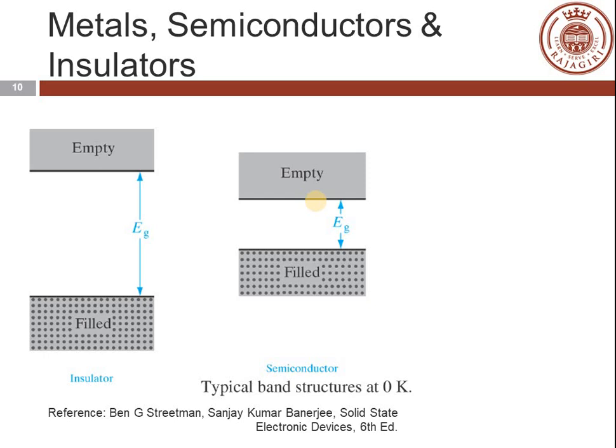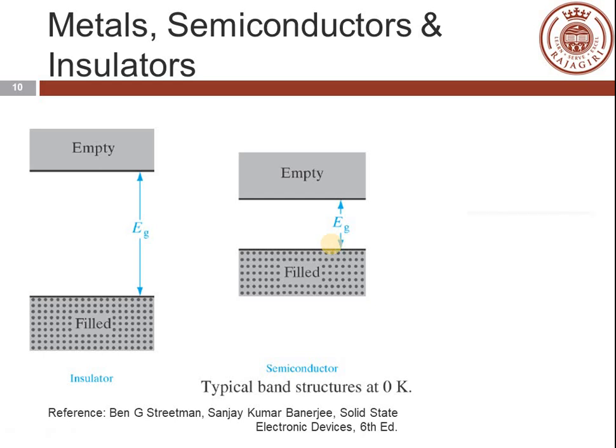So the difference is that for an insulator, you need very high energy to move an electron from the valence band to the conduction band, which is generally not possible. But in the case of a semiconductor, with the application of very small energy, you can move an electron from the valence band to the conduction band, and it is possible to create conduction.